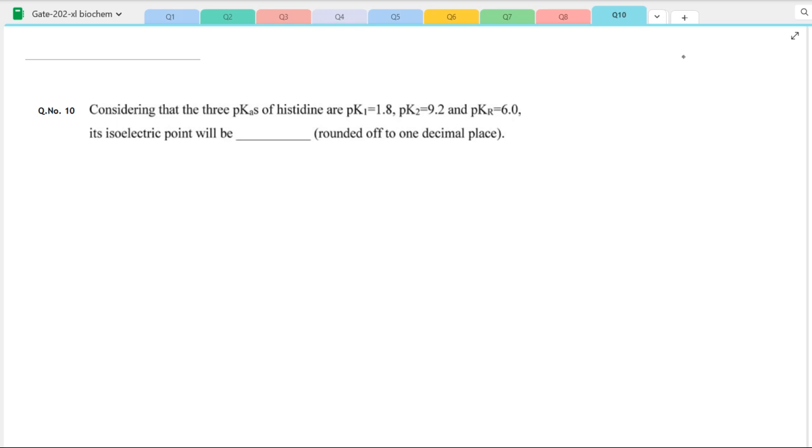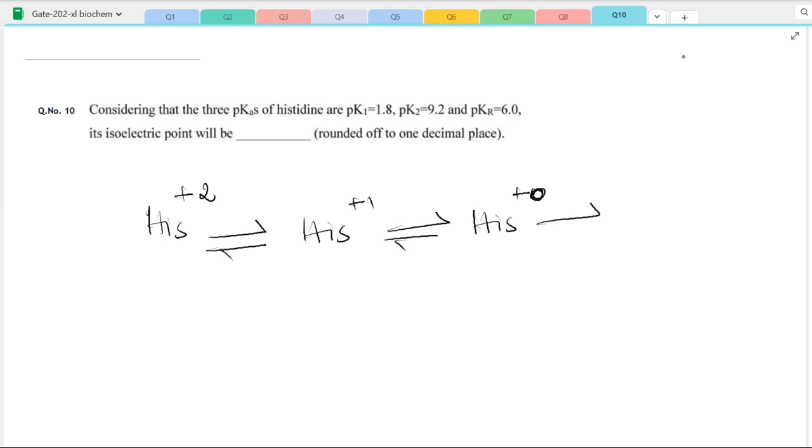First of all, histidine is a basic amino acid, so it can exist as +2, also +1, also histidine 0, which is the electrically neutral state with net charge 0, and then histidine -1, the maximum negative charge it can have. If you look at the structure of histidine, here you have pK1, here pKr, and here pK2.